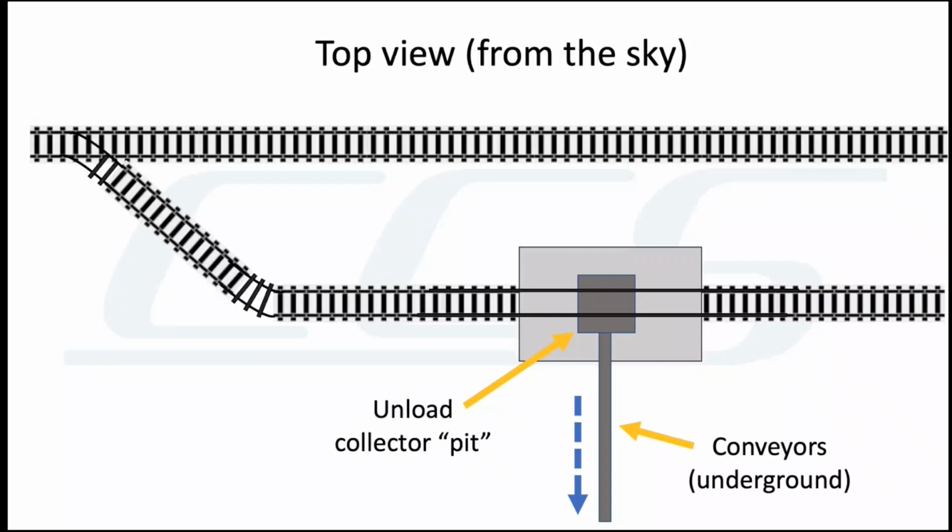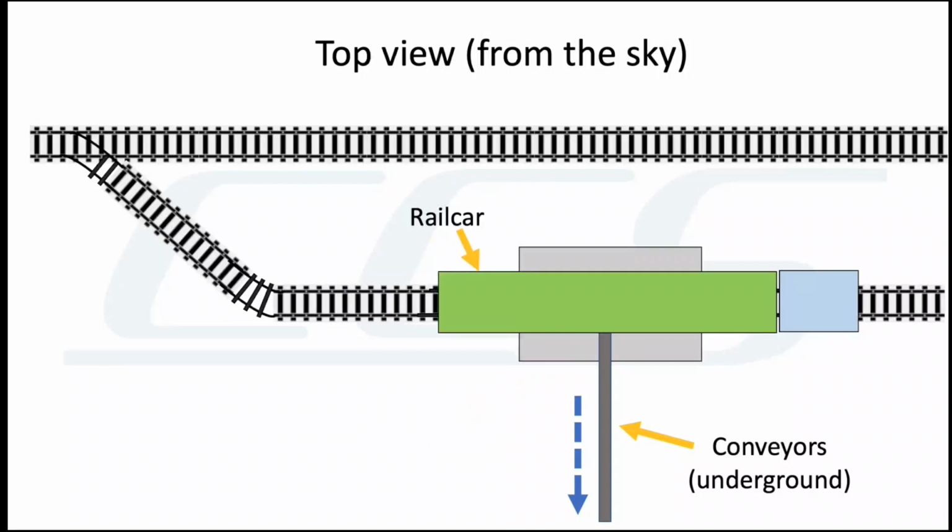Then this area of gray, that's the cement area, and the pit would be there. Usually it would have a cover so that no foreign material would get in there when you weren't unloading. So you'd open the cover, and then you'd pull in the rail car like this, maybe with a tug or some other way to pull it around the rail system. And then when you open the chute and everything, you can get the material to come out.